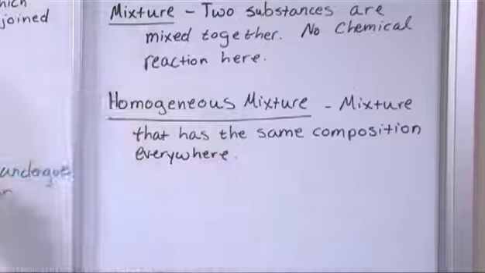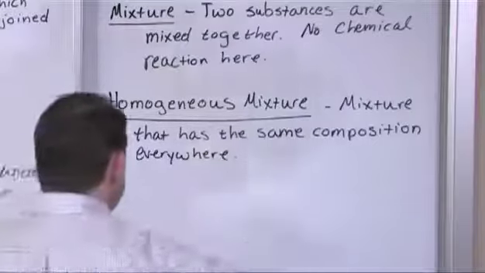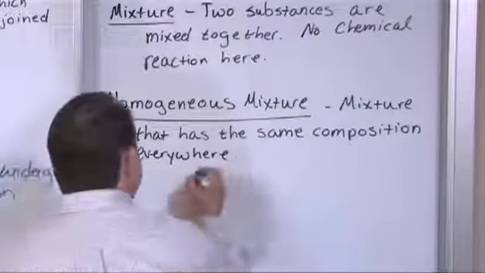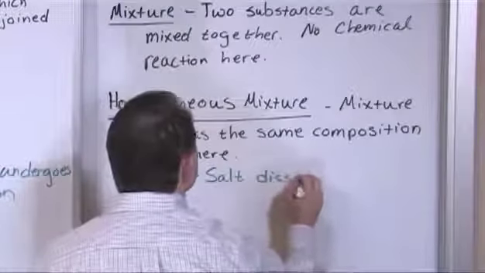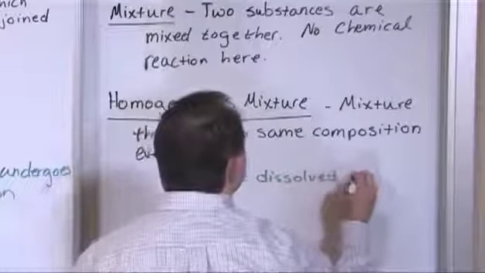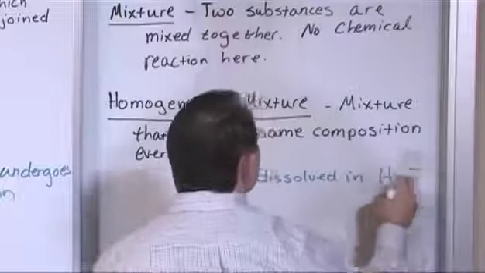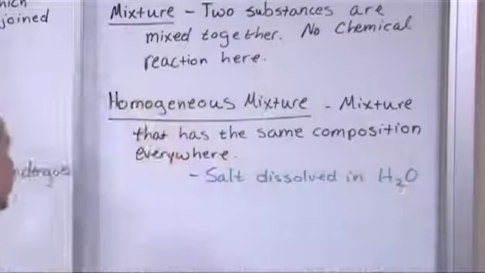Okay, what would be a good example of a homogeneous mixture? An example would be salt dissolved in water, H2O. We're in chemistry class, so I'm going to start writing water as H2O.